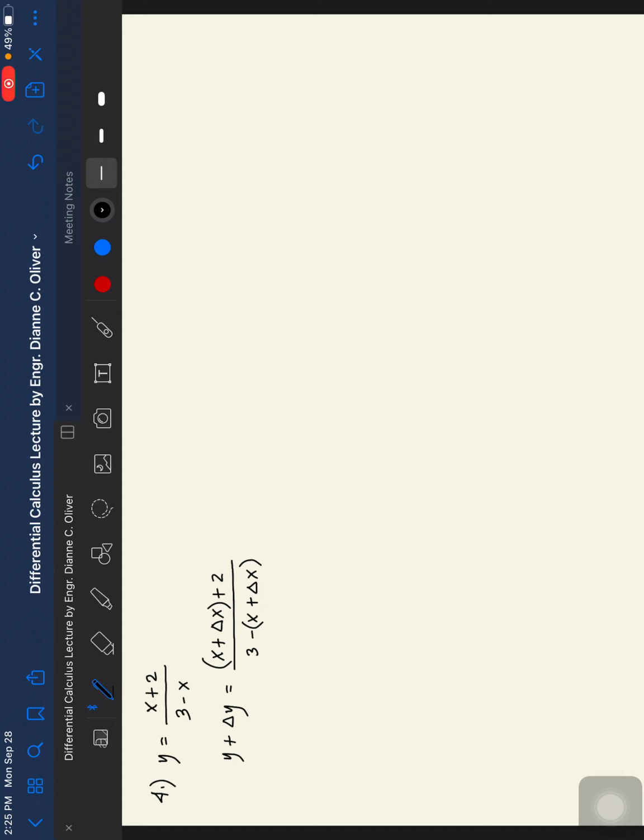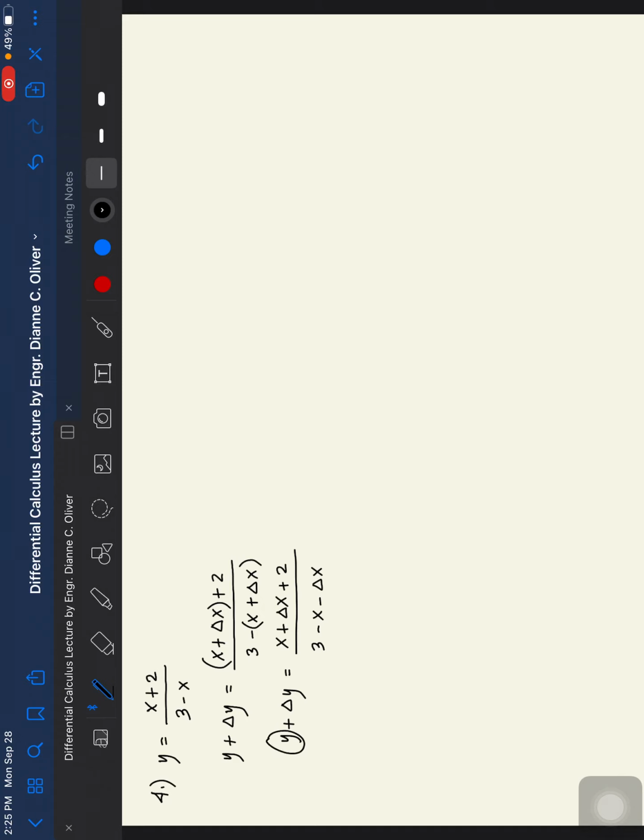Distribute: y plus delta y equals (x plus delta x plus 2) over (3 minus x minus delta x).